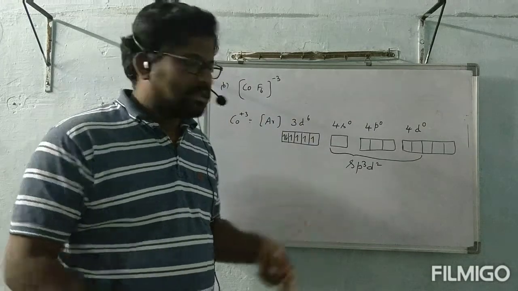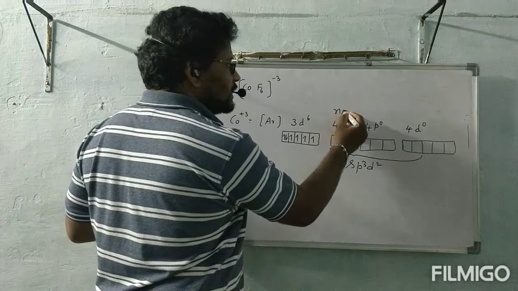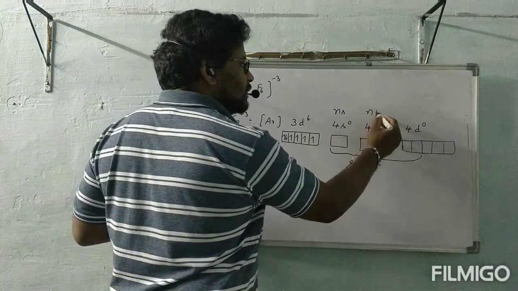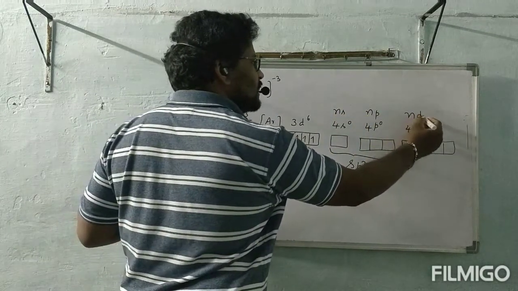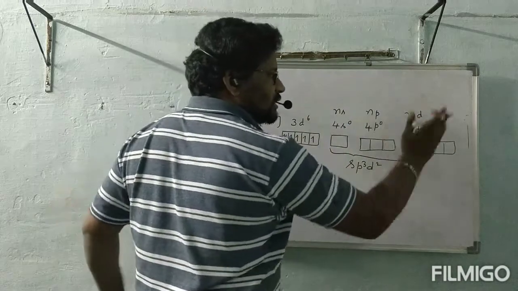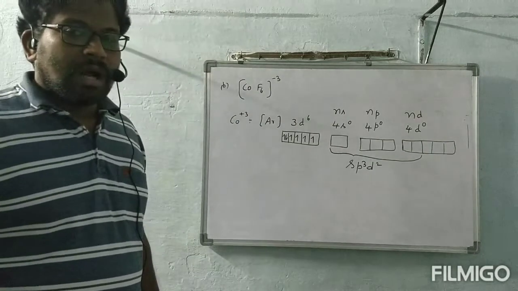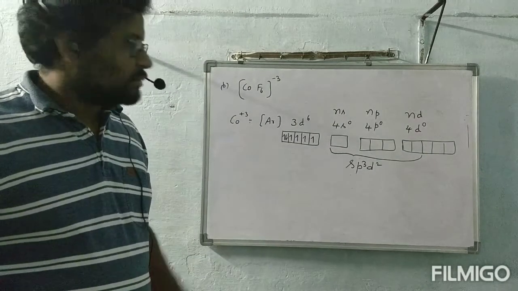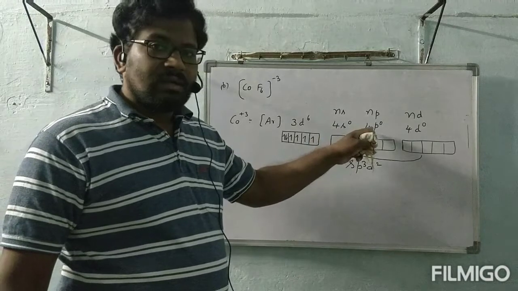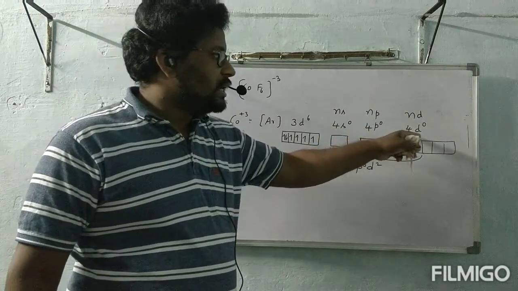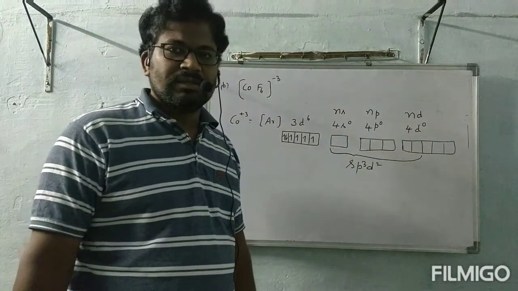Observe the difference. Now this is ns, np, and this is also nd. All are outermost orbitals only. See 4s, 4p, these are involved in hybridization with 4d. Outer orbitals only, that is.